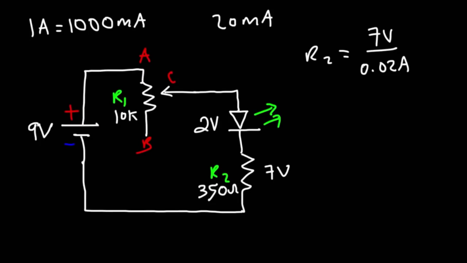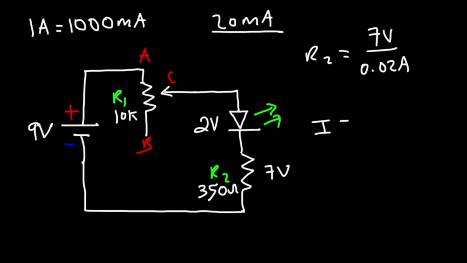So if R1 is set to 0K, the maximum amount of current that we're going to get in the circuit is 20 milliamps, which means the LED will be super bright. But now, if R1 is tuned all the way to 10K, then the total resistance in the circuit will be 10K plus 350 ohms. So thus it will be 10.35 kilo ohms. Keep in mind, 350 ohms is 0.35 kilo ohms.